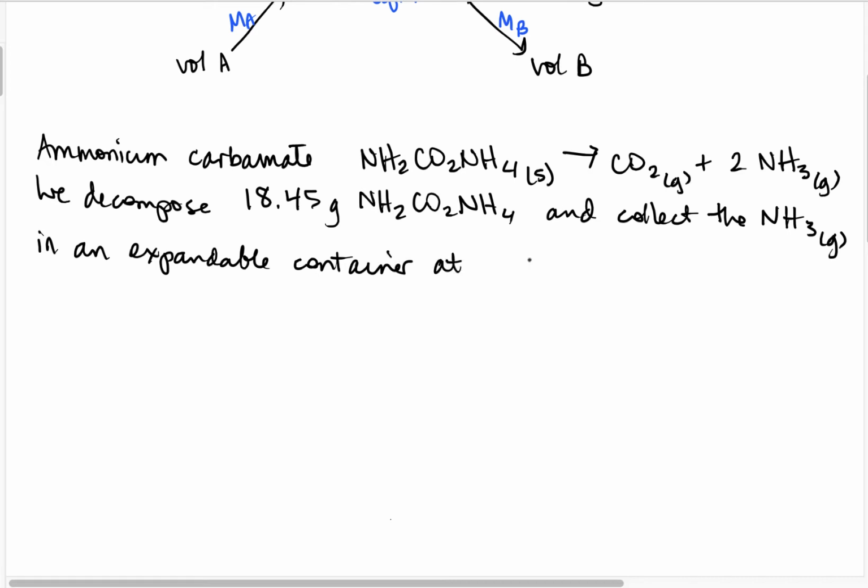And we're going to keep its pressure at atmospheric pressure, so we're going to use 1 bar of pressure, and we'll just use room temperature, 298 Kelvin. So our question is, what would be the volume of the gas we collect?